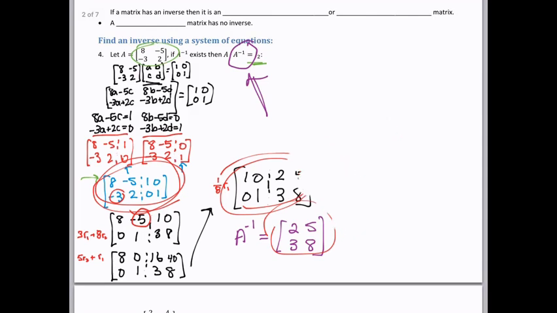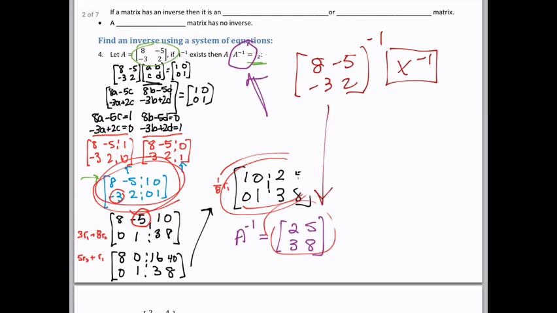So in your calculator, if you wanted to get the inverse of this matrix A, you would just input our matrix, 8, -5, -3, 2, and that button that looks like an x to the -1st. So if you put in that matrix and raise to the -1st power, it will give you the inverse matrix that we got.